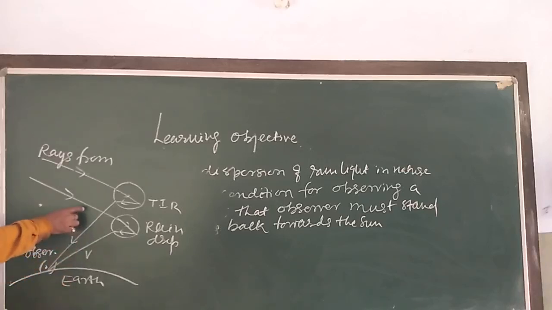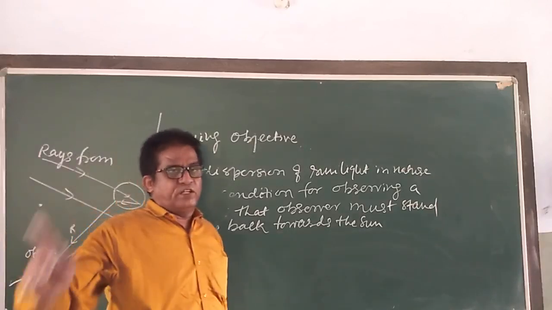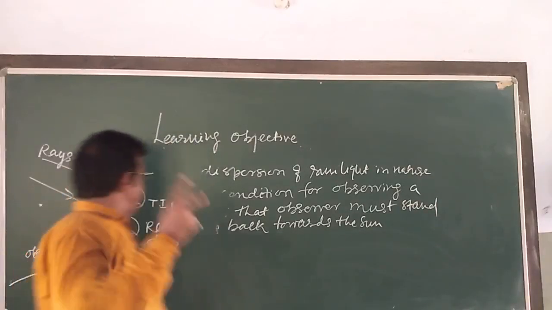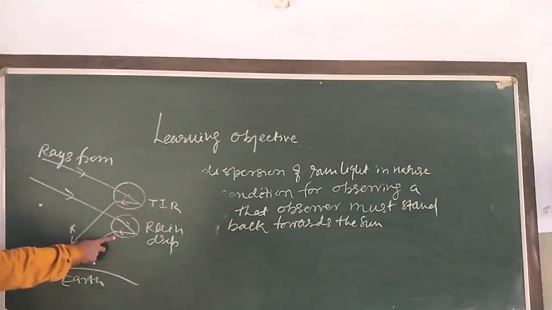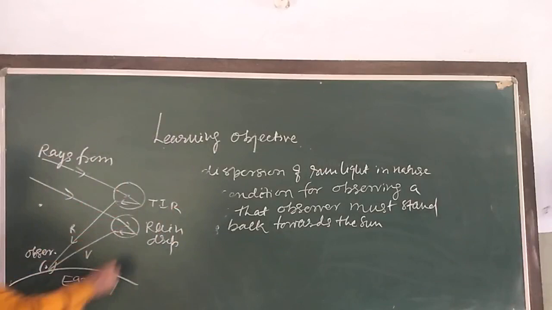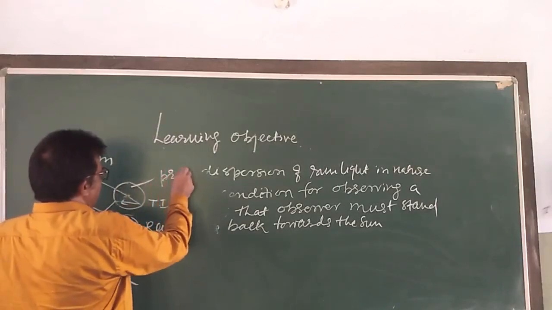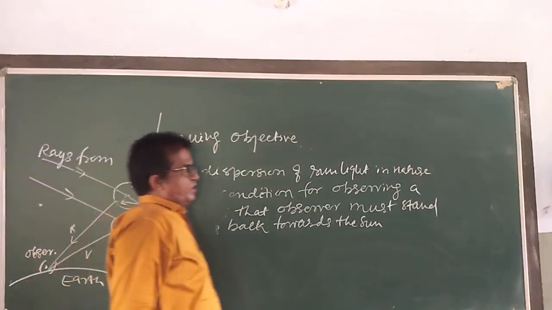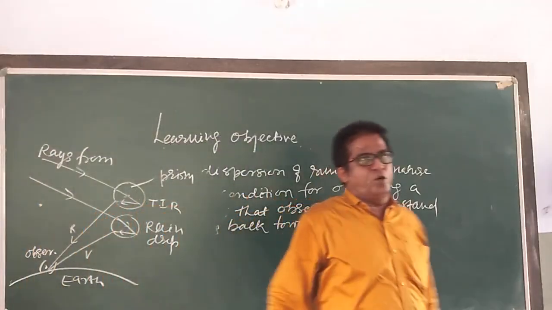So during or after a shower, a large amount of small water drops is still in the air. They remain suspended in the air, and they act like a small prism. These small droplets act like a small prism.